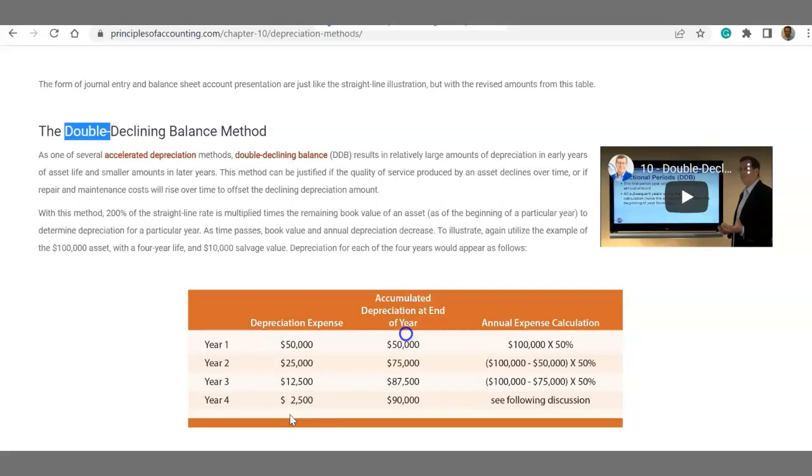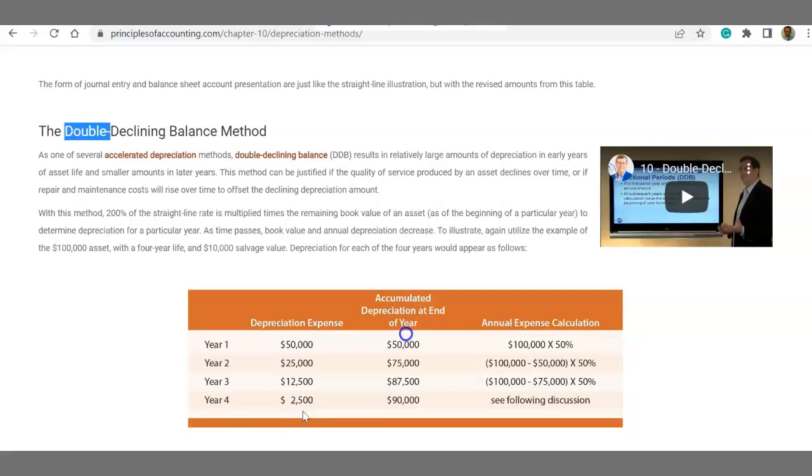You are only going to consider that the salvage value is 10,000. Out of this 12,500 left in book value, you can only deduct 2,500 and stop at the $10,000 salvage value, and you cannot depreciate more than that.